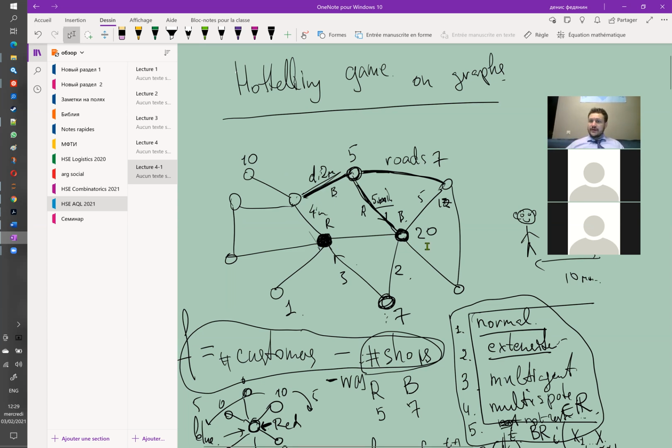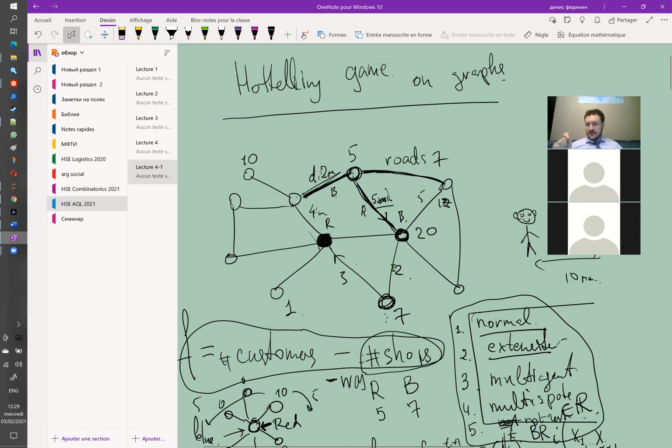It makes our big city graph not very scary, because in our algorithm, complexity depends on the number of nodes. But if we allow only several points for our shops, then we reduce complexity, and we can solve it as if it were very small graphs.